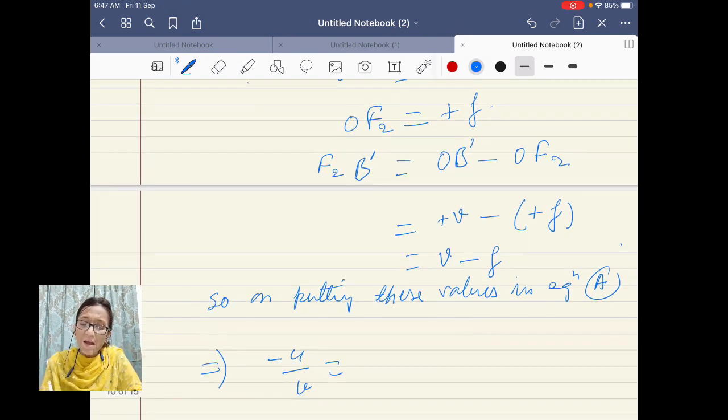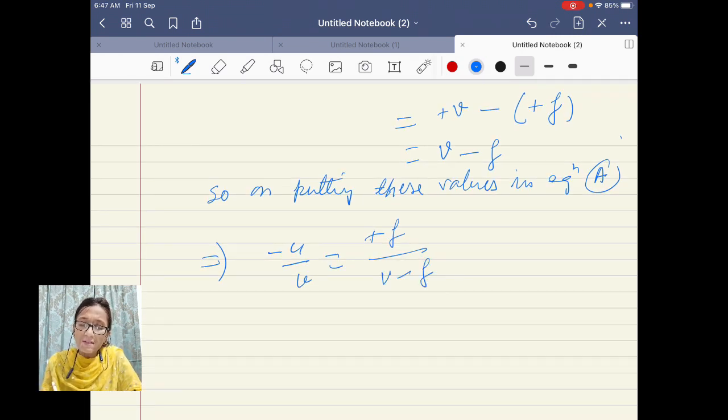What is OF2? OF2 is your plus F, and F2B' is your V minus F.